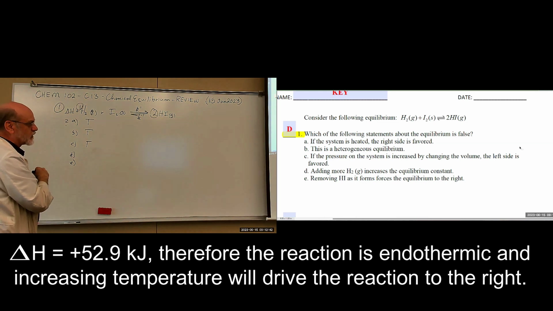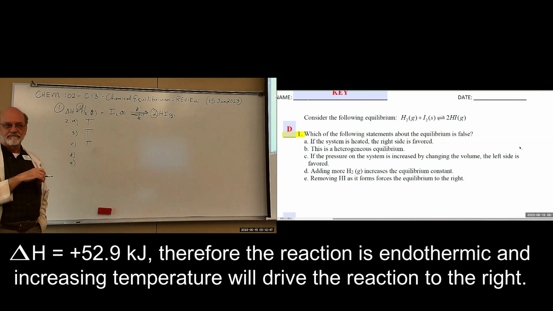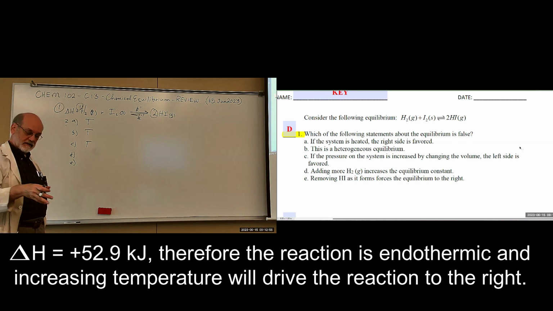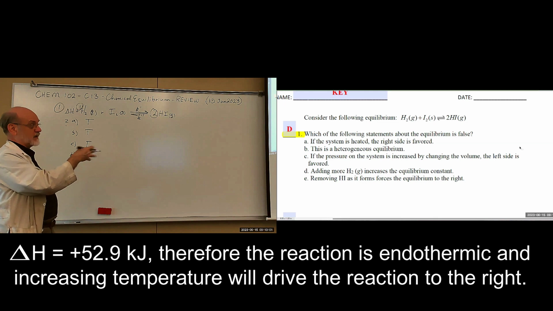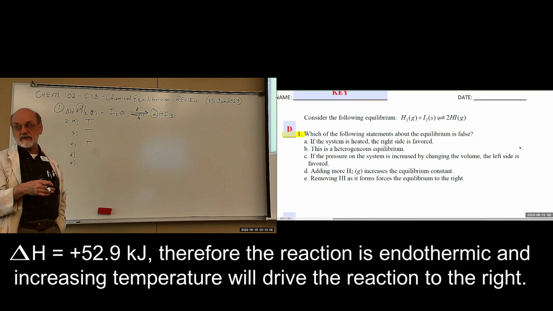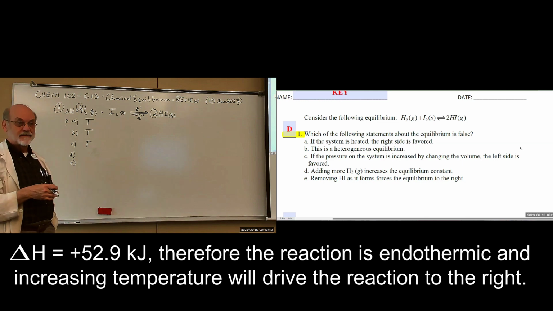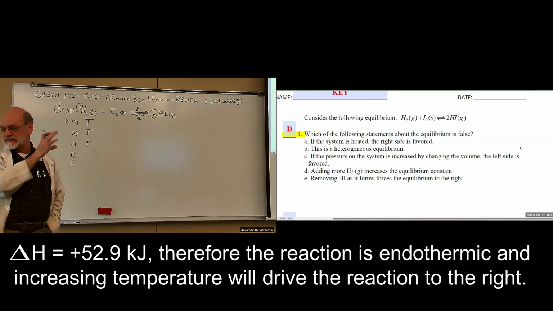Adding more hydrogen increases the equilibrium constant. Does that change the equilibrium constant? No, it changes the equilibrium position, right? Le Chatelier kicks in. But when you change the concentration of any of the components, that has no effect on the equilibrium constant because it's only dependent on temperature. Well, the only thing we can change in this situation is temperature.